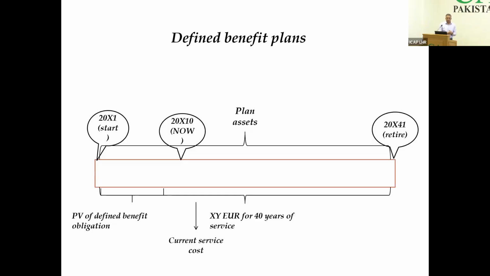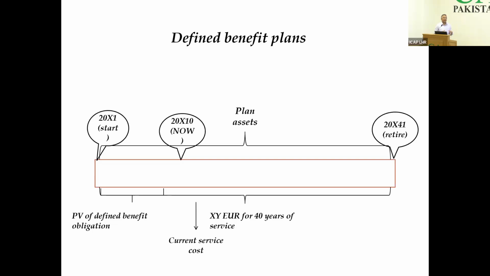Here are two important terms being used in this presentation. One is current service cost, and the other is the present value of defined benefit liability. Basically, what is current service cost? Current service cost is the benefit which the employee has earned during this period by rendering the services. And as this is going to be paid after so many years, it is calculated in present value terms.